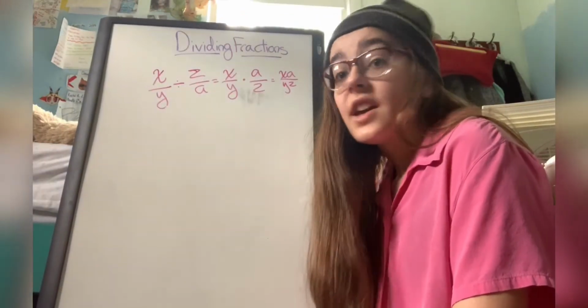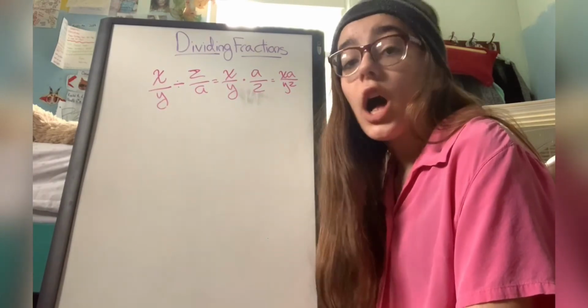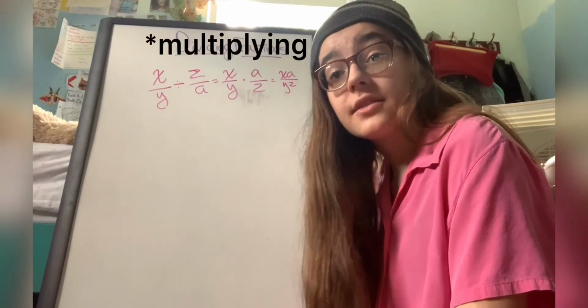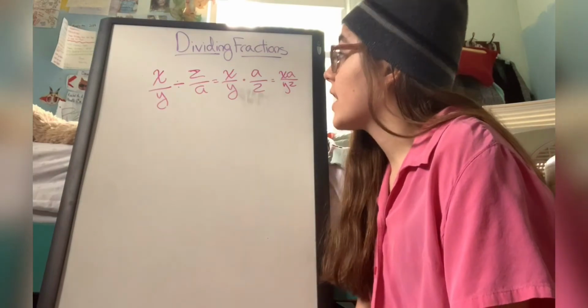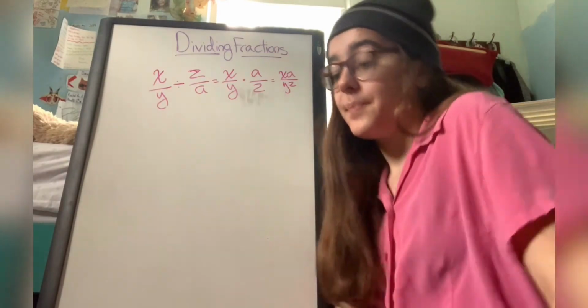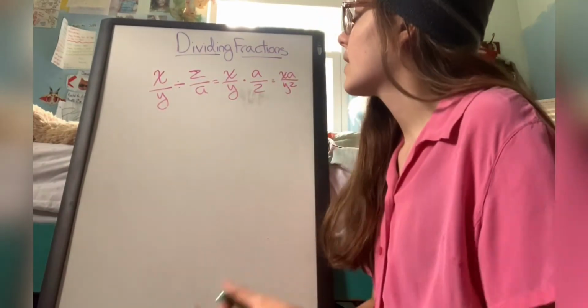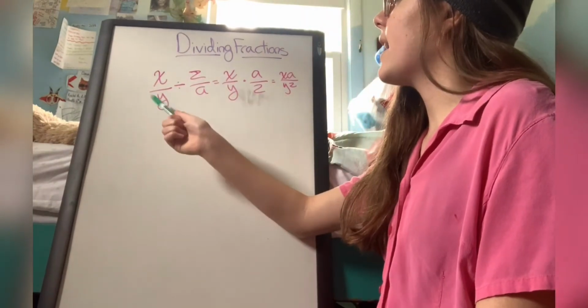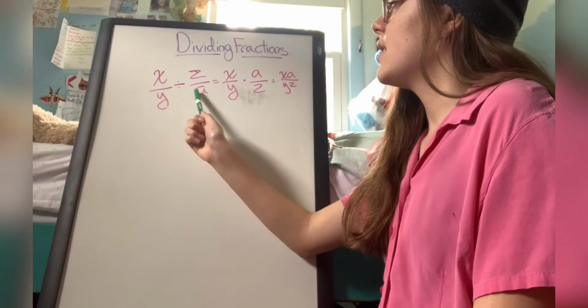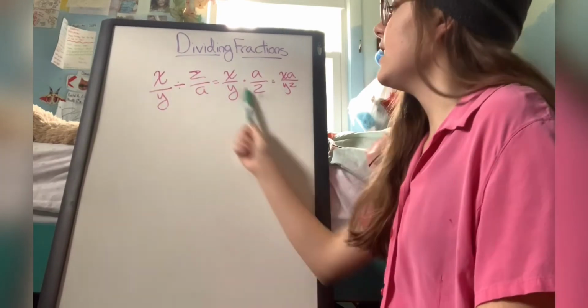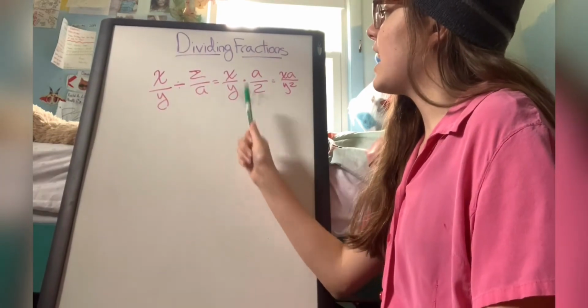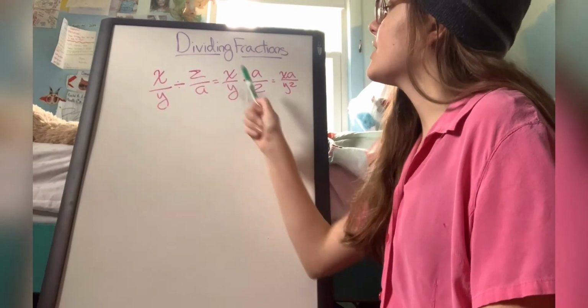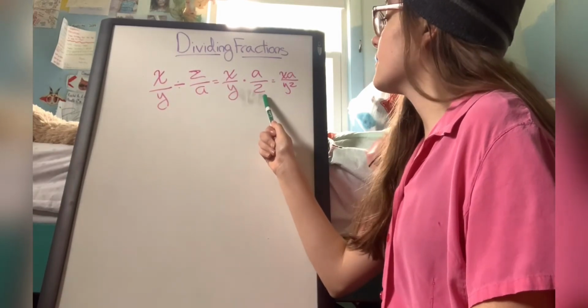Dividing fractions. Dividing fractions is a little more complicated than adding and subtracting fractions. However, it is still quite simple. When dividing, you have x over y divided by z over a. You turn this into a multiplication problem where you multiply the first fraction by the reciprocal of the second fraction.